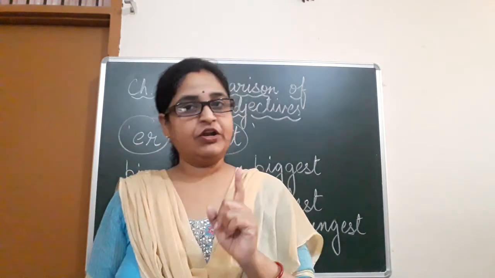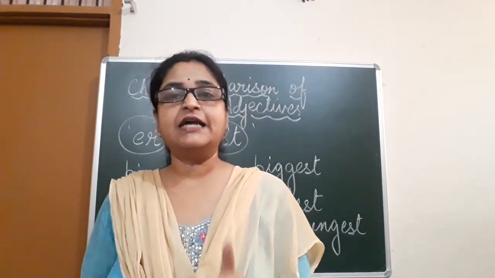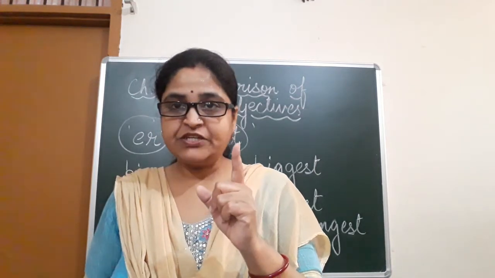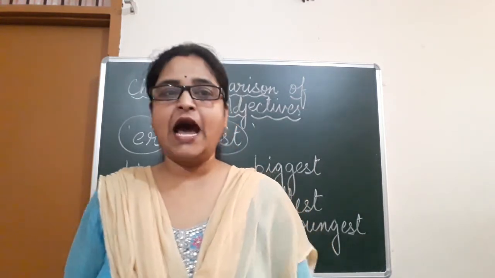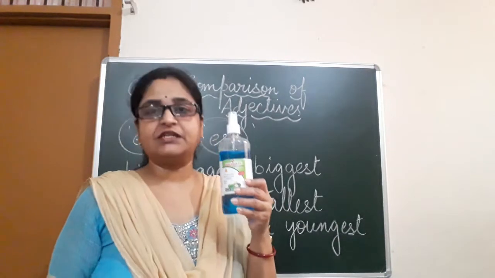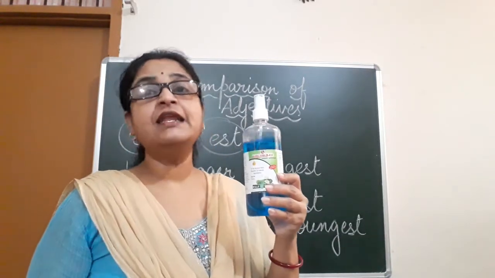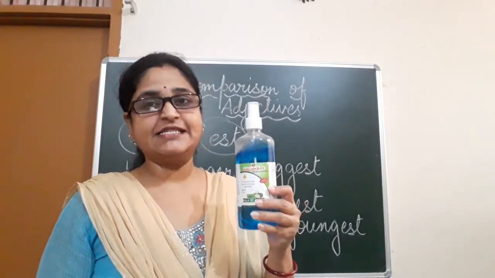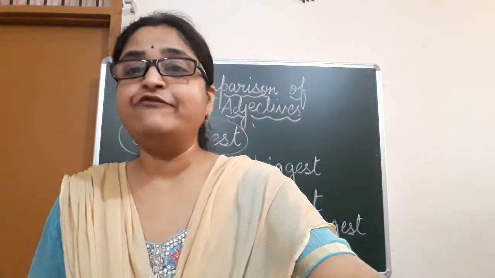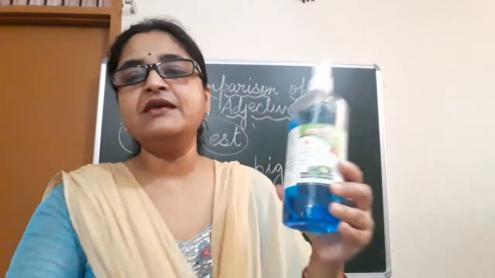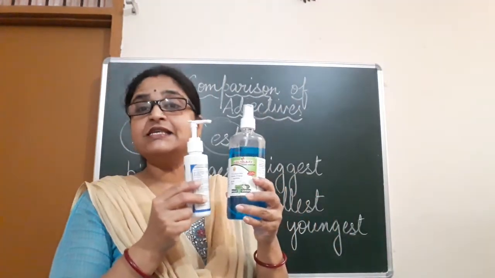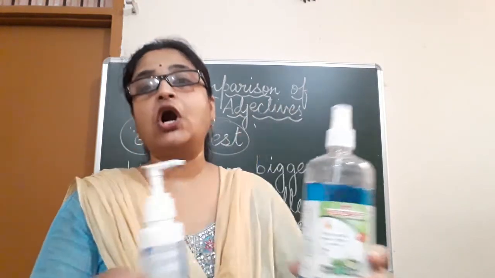All of you know what adjectives are? Adjectives are the describing words for nouns. As I showed you, this bottle is a noun, a naming word. We are describing it as tall, big, short.